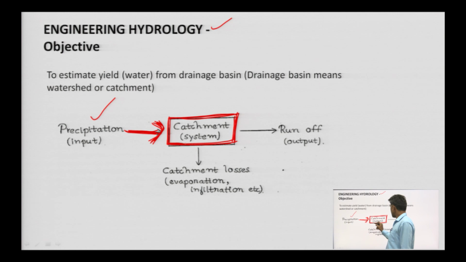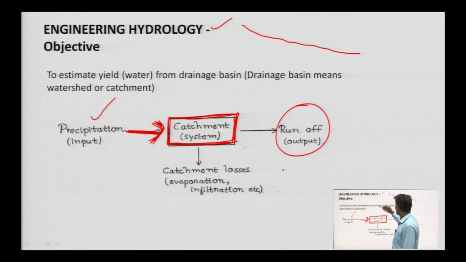The major part of the rainfall will not be available to this catchment area; only the part of the water which is available to the catchment area will be useful. What are the losses? Losses occur in terms of runoff. Depending upon the slope and gravity, water will move.